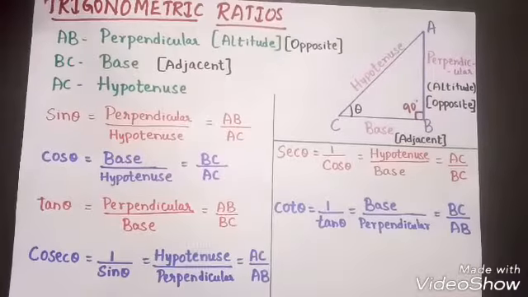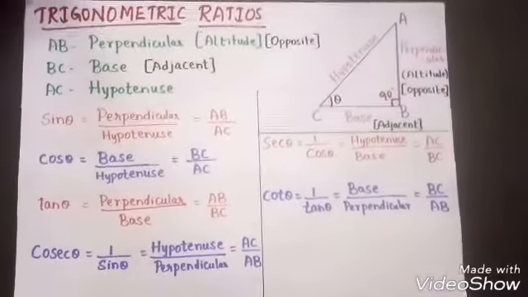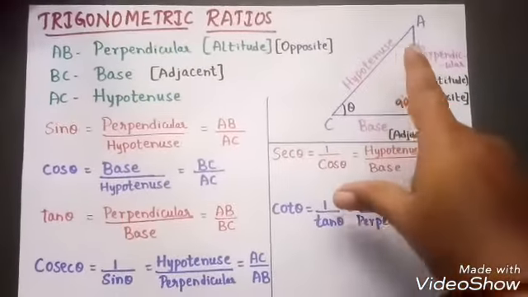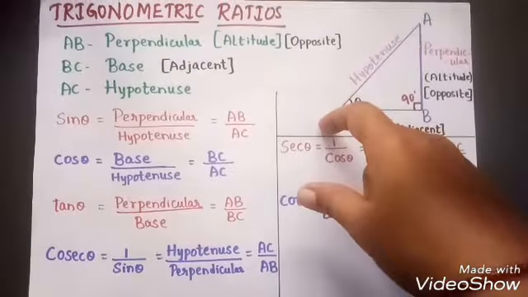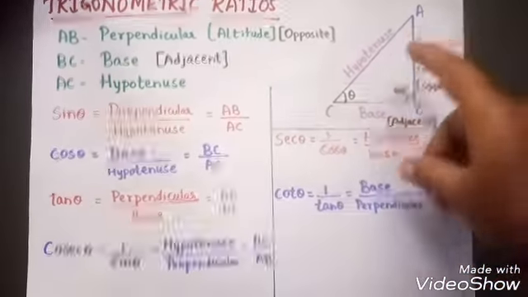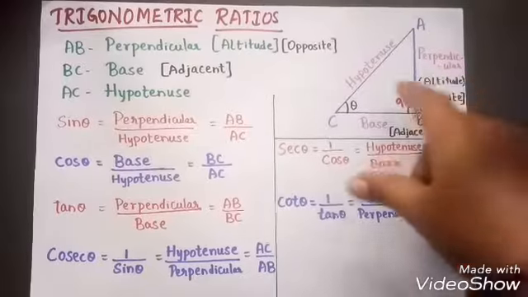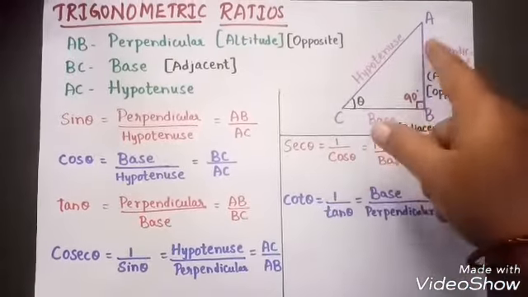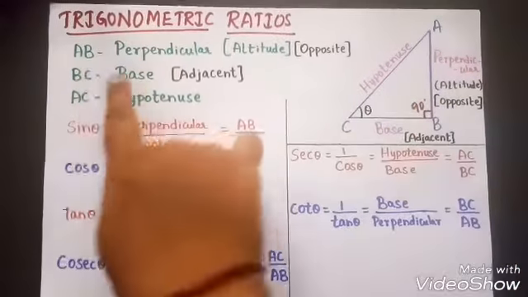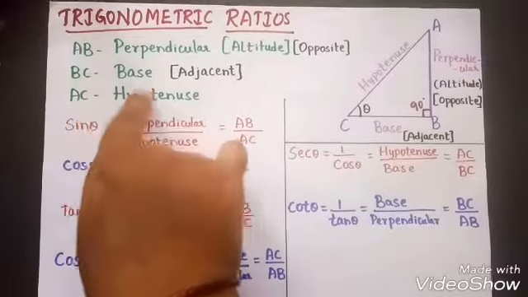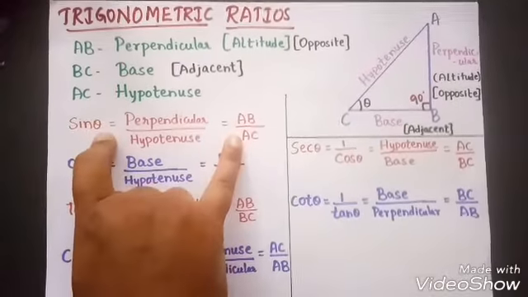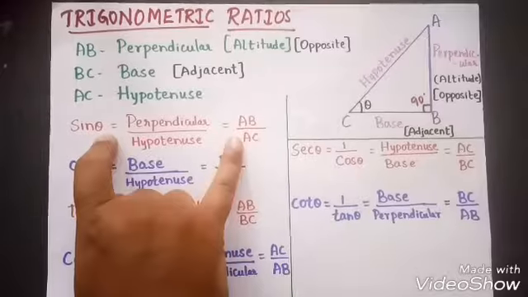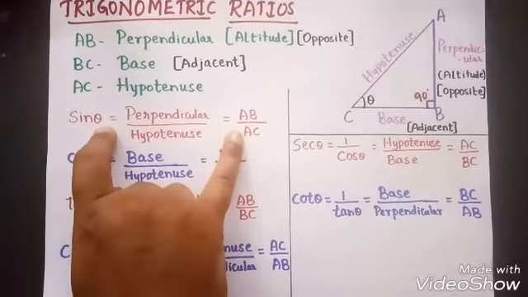To write the trigonometric ratios, we'll consider a right triangle ABC. As we discussed in the last slide, AB is the perpendicular, BC is the base and AC is the hypotenuse. Now the first trigonometric ratio, sin theta.